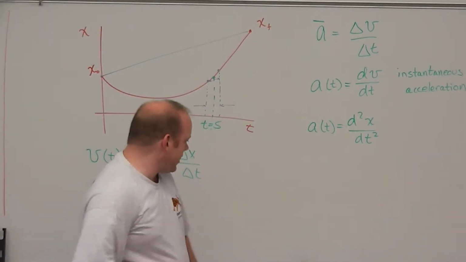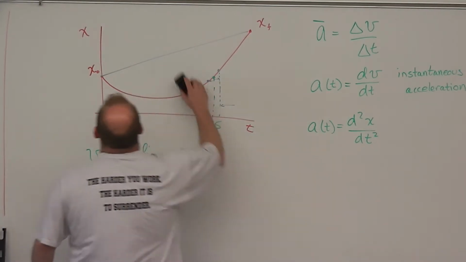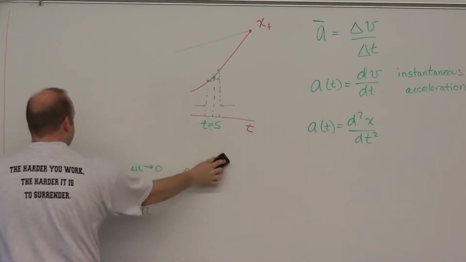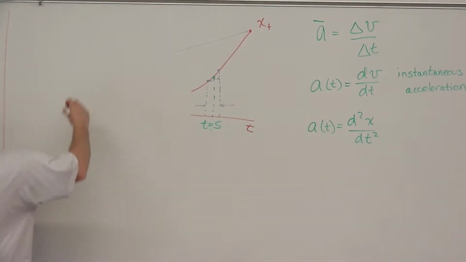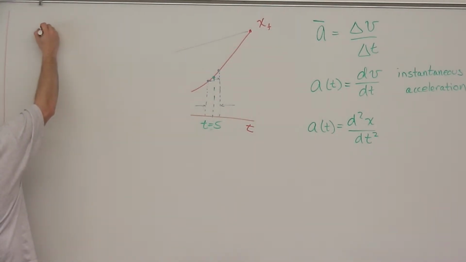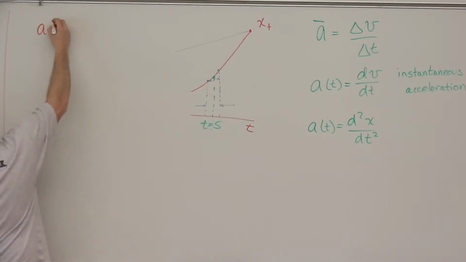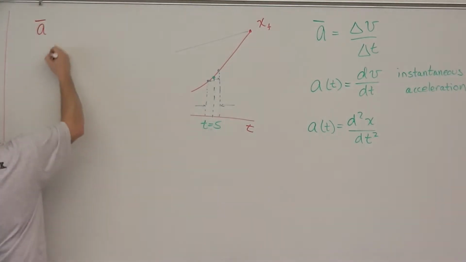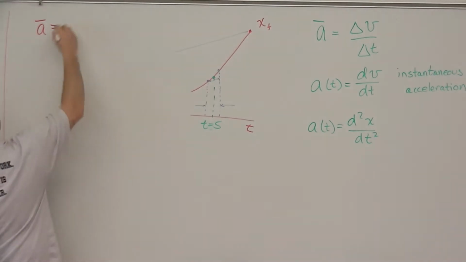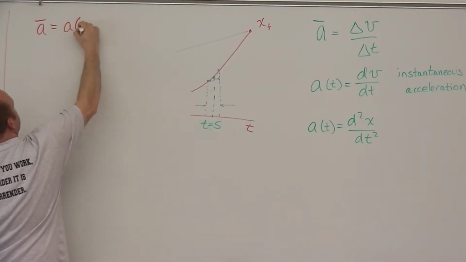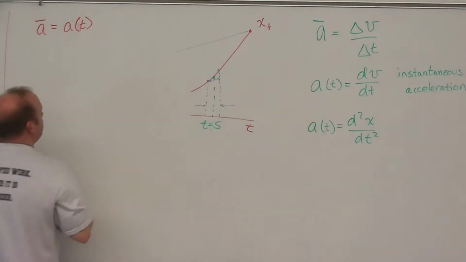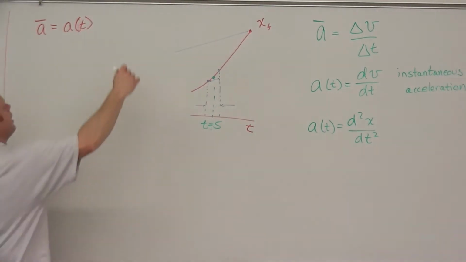mathematically, the way to describe a constant acceleration would be to say that my average acceleration is equal to my acceleration at any time t. That's just a mathematical way of describing it.